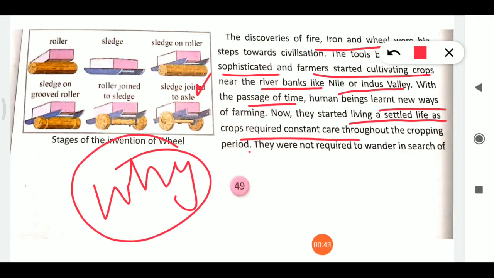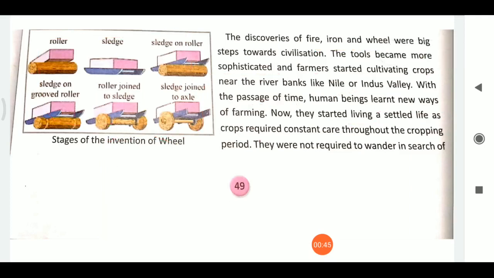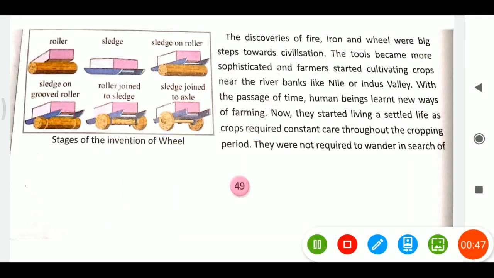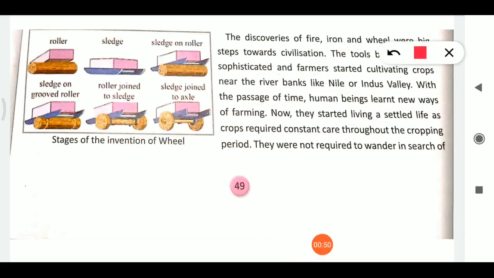Okay, now look here in this picture. This is the development of the wheel. Okay, firstly, what happened, for carrying things from one place to another, he used a roller. He put this thing on the roller. Then after, when he used this, he found that it was slipping, so he made a sledge and he put that on the sledge.